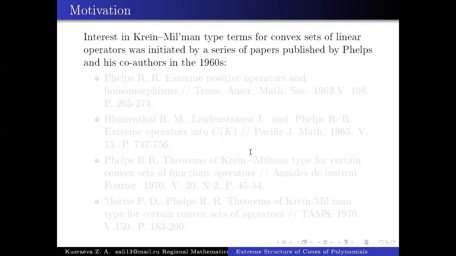The reason the above approach does not immediately yield the desired result is, of course, the fact that the closed convex sets of operators are compact only in very special cases.